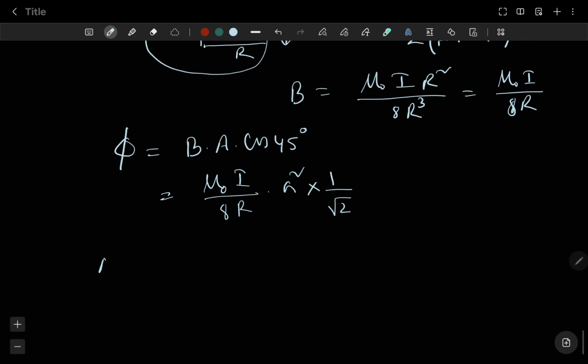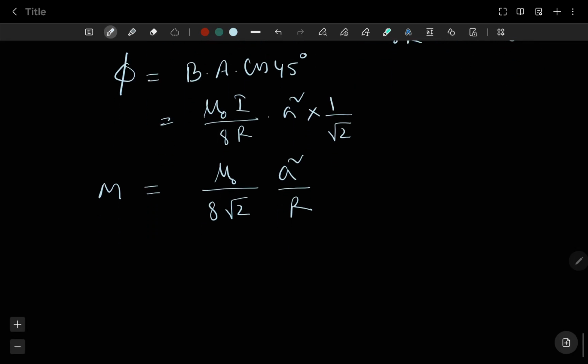So mutual inductance will become mu naught by 8 root 2, a square by r.